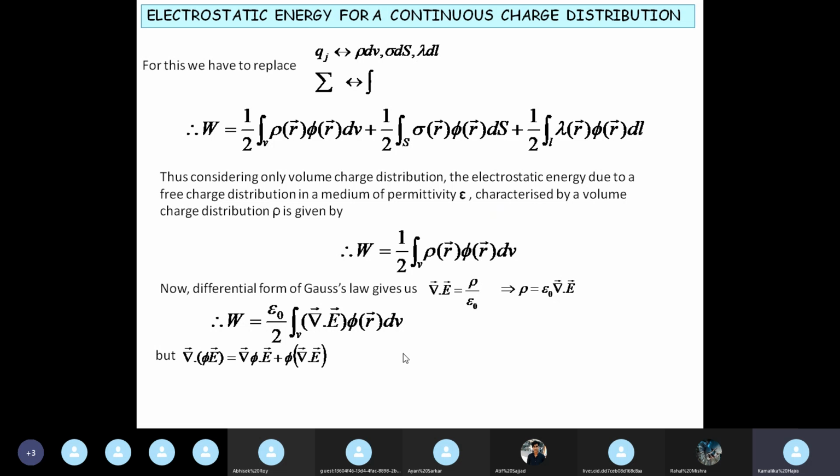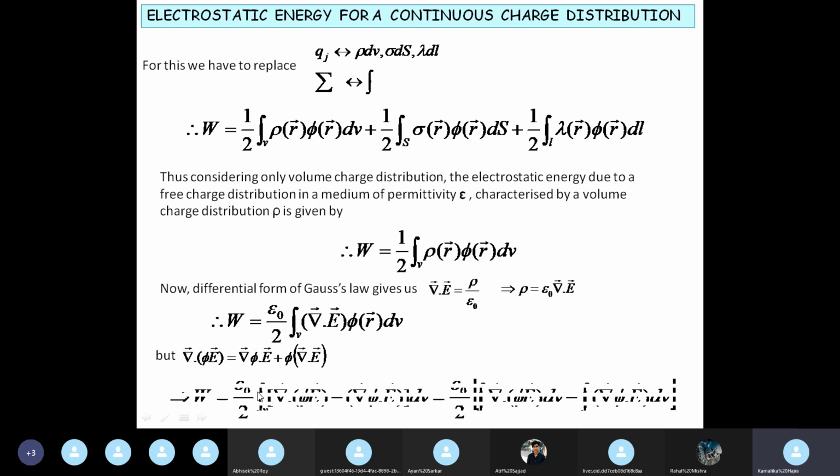Then I use the vector identity, which gives us divergence of phi E equal to grad phi dot E plus phi divergence of E. This is just a very simple vector identity.